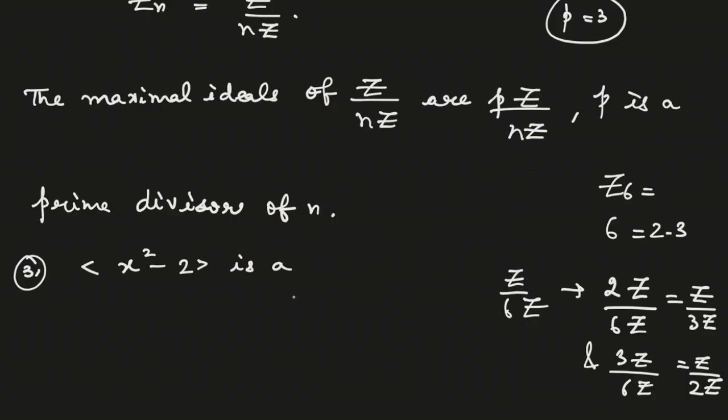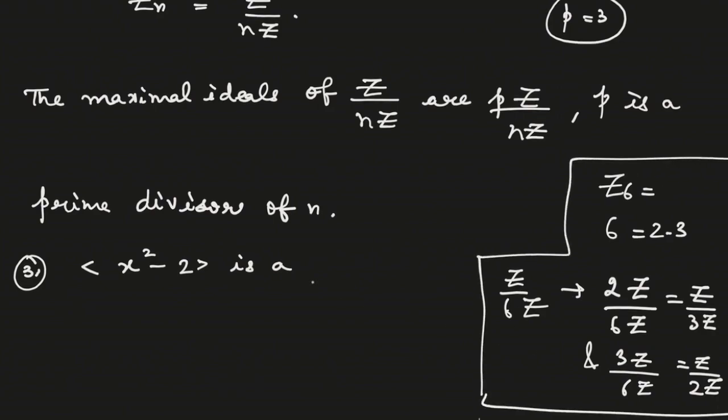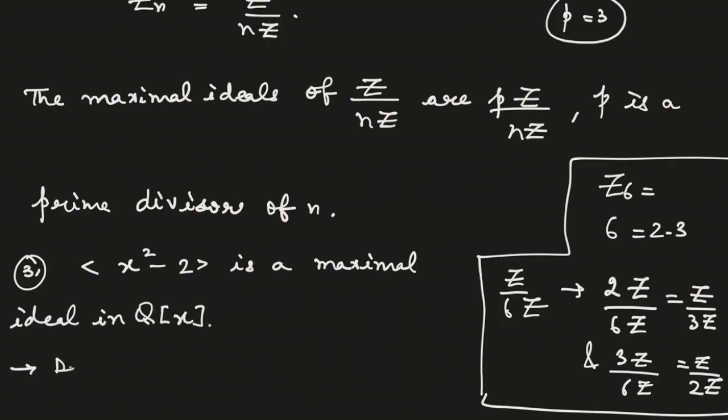Now next is generator x square minus 2 is a maximal ideal in Qx. So define f mapping from Qx to Q root 2 as follows.